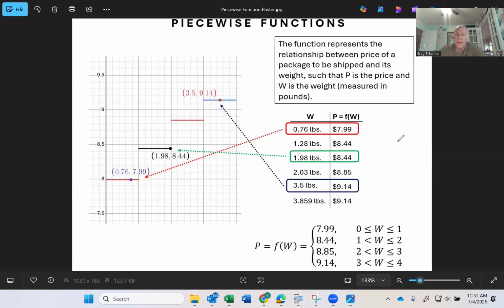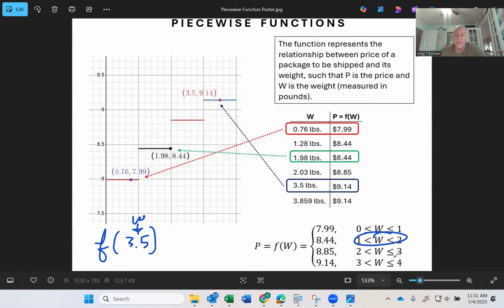So if I said, "Hey, what is f of, I don't know, 3.5?" Okay. Well, the 3.5 takes the place of the w, the weight. So this says, "Hey, when the weight is 3.5 pounds, what's the price?" Let's see. Is 3.5 pounds in that interval, in that domain?